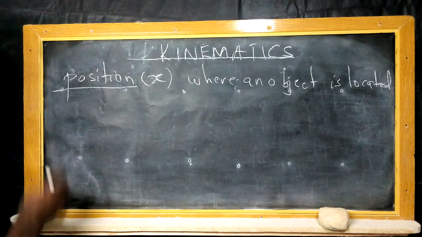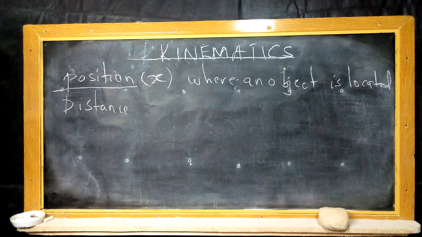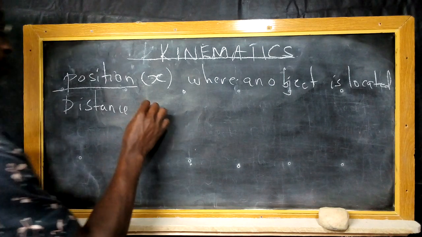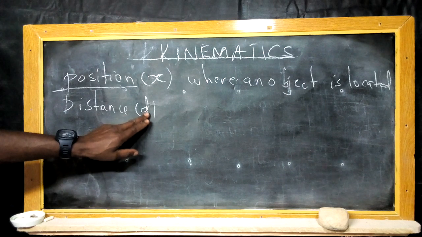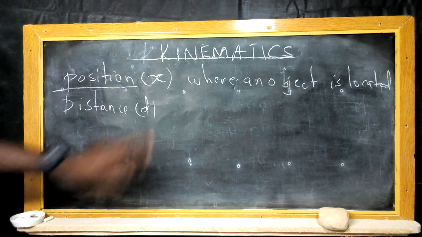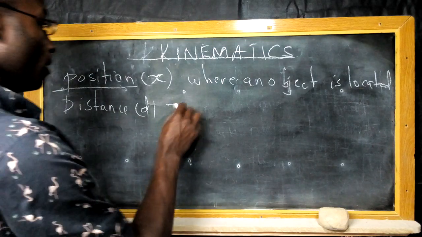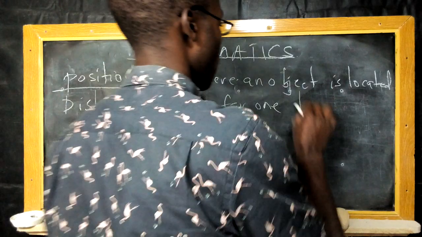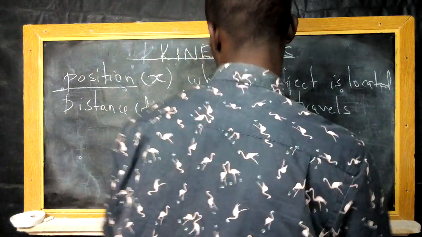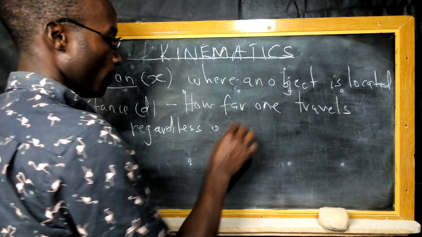So when we talk about position, we refer to where an object is located. And then we shall talk about distance. Distance is denoted by the letter D. This is not a standard format for denoting it, but in our case, we shall denote distance using the letter D. Distance refers to how far one travels, regardless of direction.